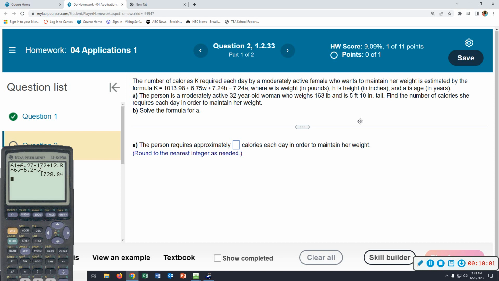Okay, problem 2. The number of calories required each day by a moderately active female who wants to maintain her weight is estimated by this formula. So I'm going to go ahead and write down this formula.